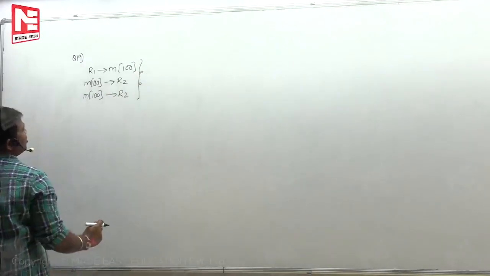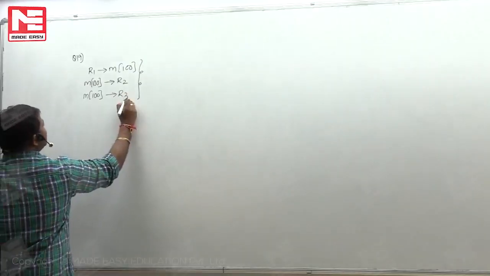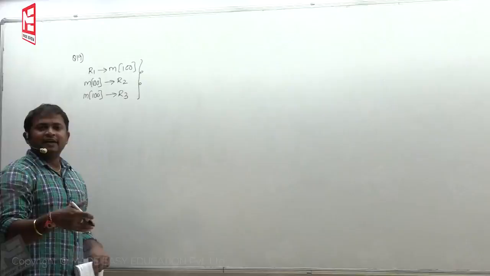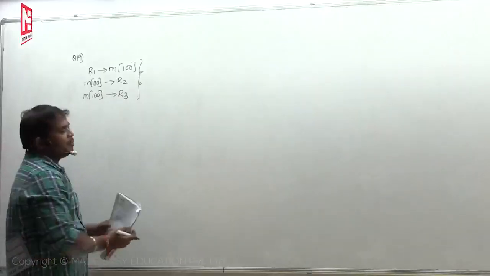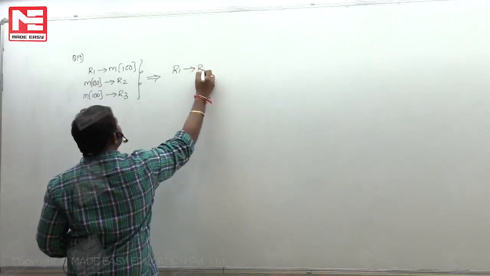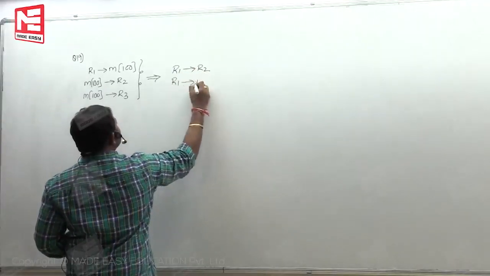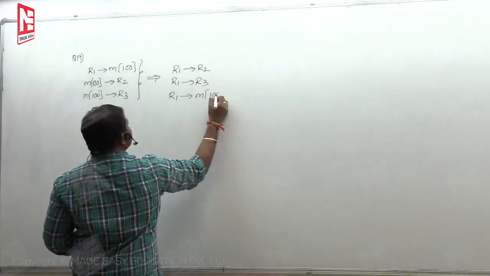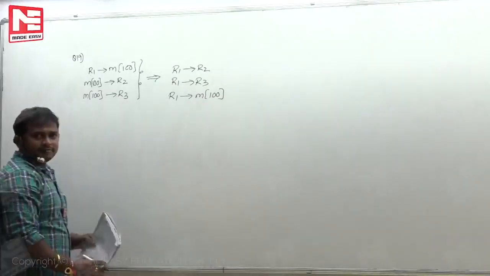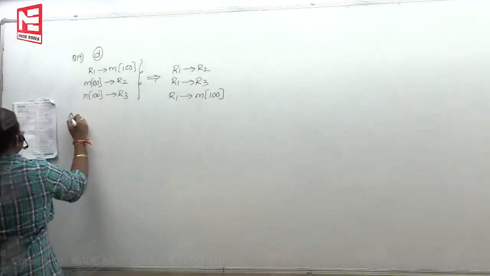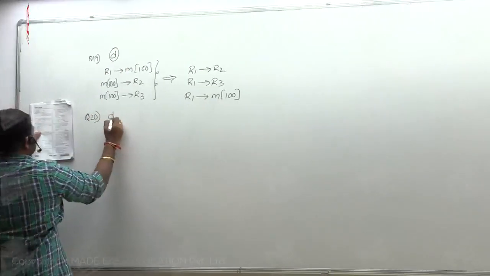When R1 and R2 and R3 all are present within the CPU, first forward the data internally, later update the memory. So this we can replace like this. R1 data transferred to R2, R1 data transferred to R3, then R1 data transferred to memory. Then number of memory references are reduced, performance increased. Correct answer is D.